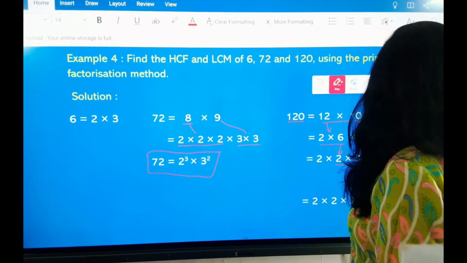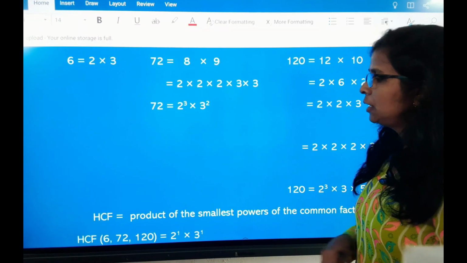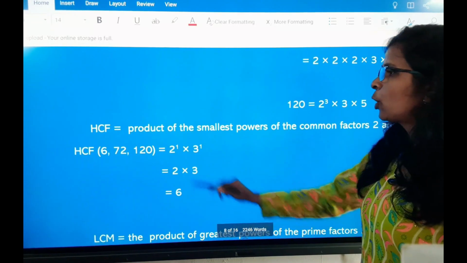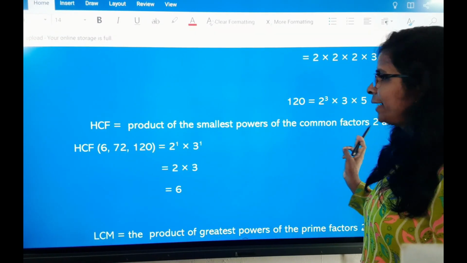Now find out the HCF. To find the HCF, take the product of the smallest power of the common factors. The common factors in the 3 numbers are 2 and 3.